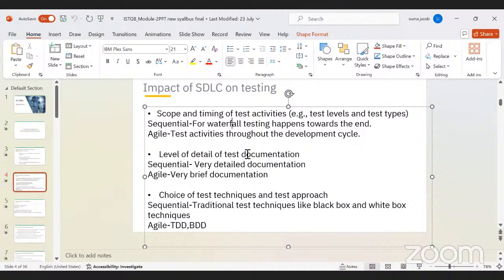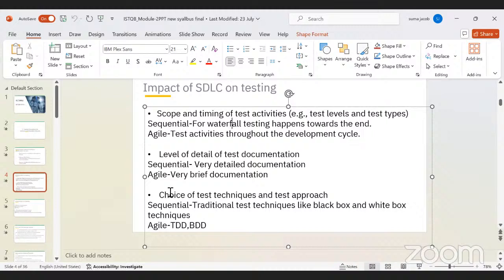For sequential model, all the requirements will be available upfront, so based on that we will have to prepare an extensive test plan and test cases. Whereas in Agile, the documentation is very brief. We will be using Agile artifacts like user stories and epics to create the requirements.